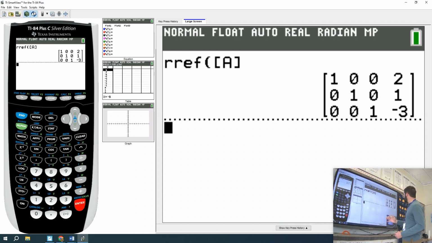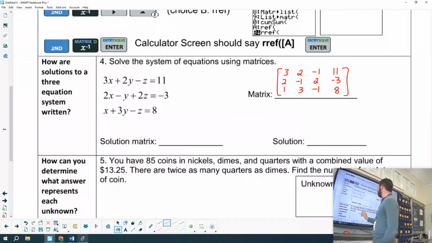So here is our solution matrix. Spread those out a little bit: 1, 0, 0, 2, 0, 1, 0, 1, and 0, 0, 1, negative 3.